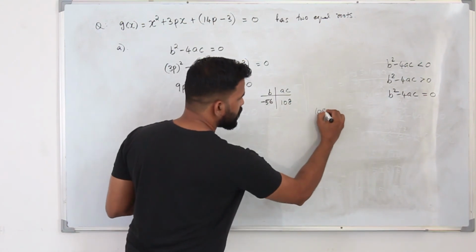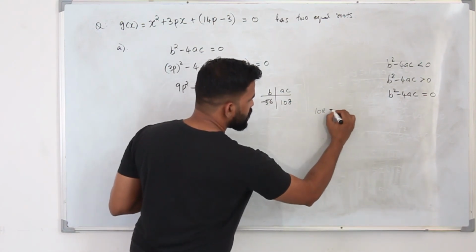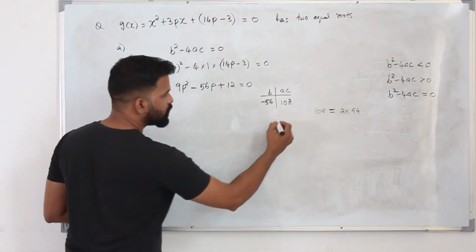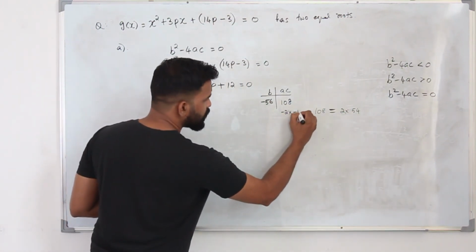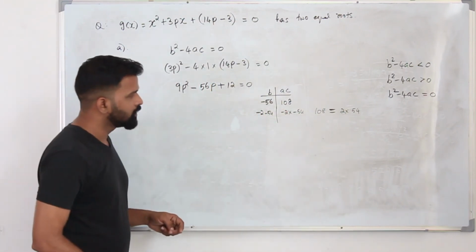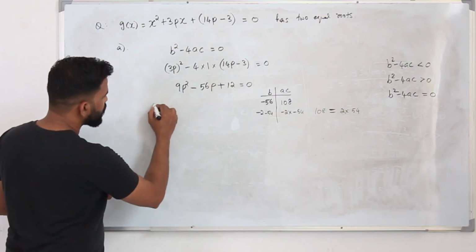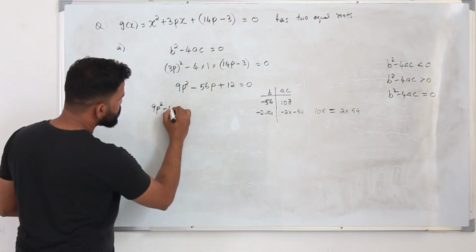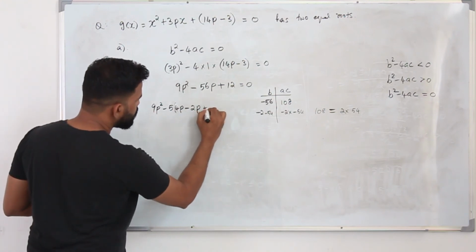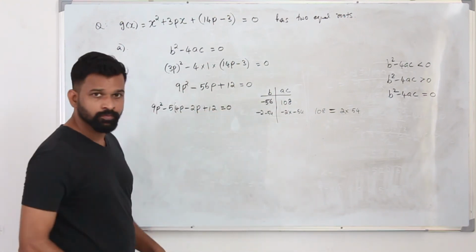But if you want to use the factors and find out, let's look at the factors of 108. You can write it as 2 times 54. There you are, you got the 2 factors already. Minus 2, minus 54. Substitute here: 9p square minus 54p minus 2p plus 12 is 0.